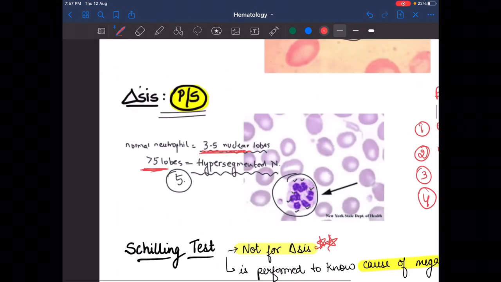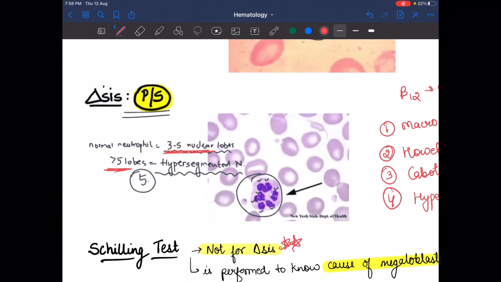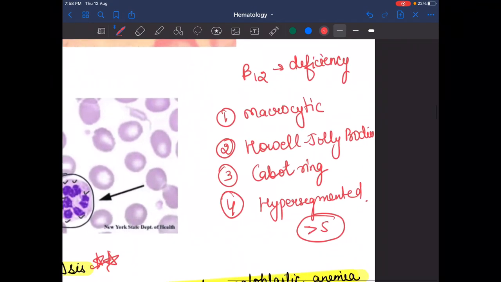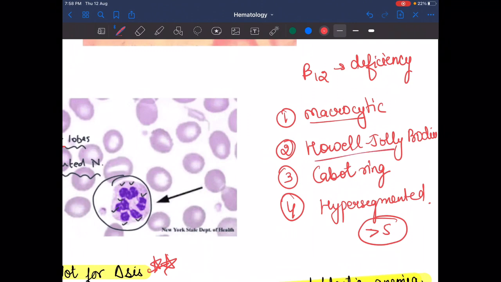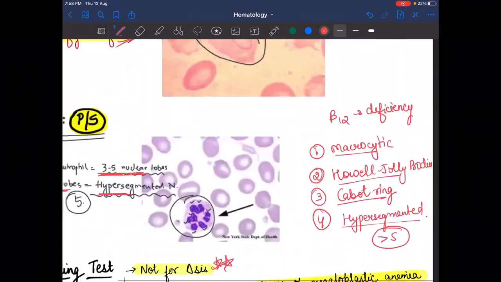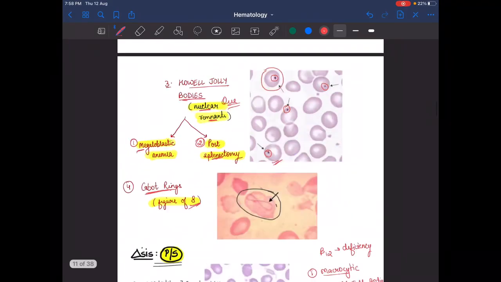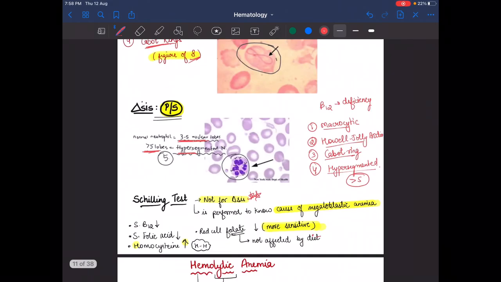A normal neutrophil shows 3 to 5 nuclear lobes, while more than 5 lobes is known as hypersegmented. So B12 deficiency shows macrocytic, macro-ovalocytic RBCs, Howell-Jolly bodies, Cabot rings, and hypersegmented neutrophils. These are the findings we see in B12 deficiency.